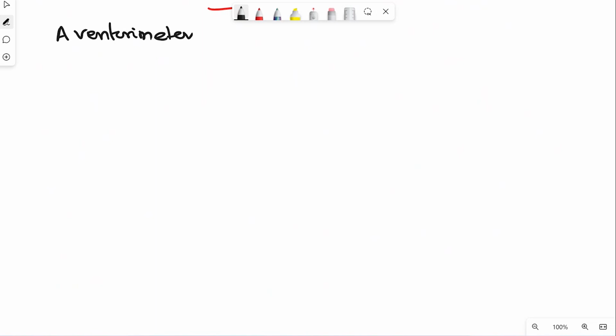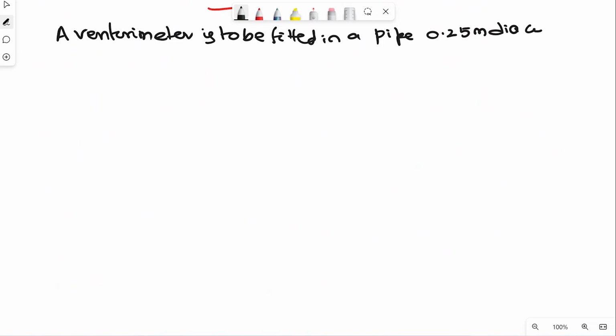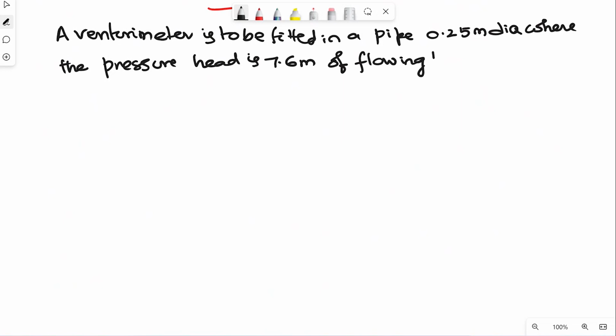A venturimeter is to be fitted in a pipe of 0.25 meter diameter where the pressure head is 7.6 meters of flowing liquid, and the maximum flow is 8.1 meter cube per minute.